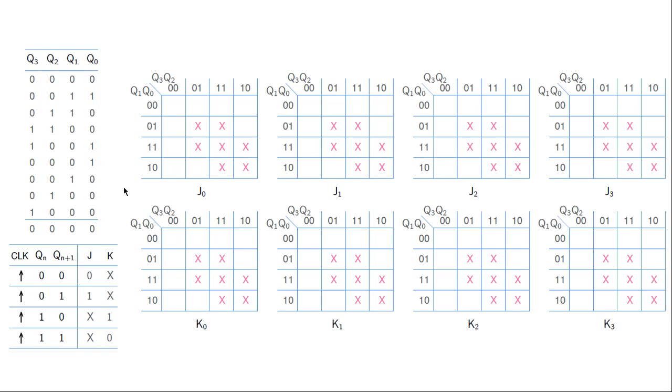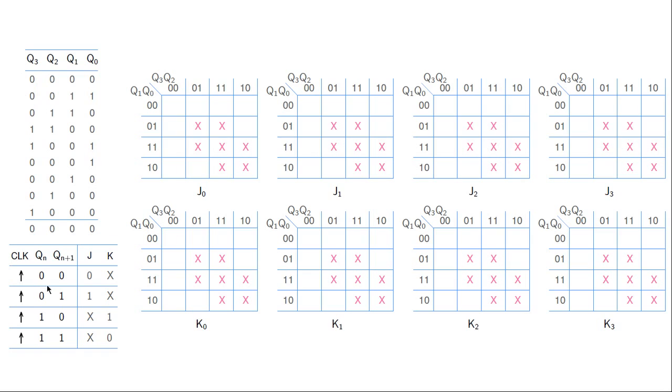Okay, now let us consider the first state, that means 0, 0, 0, 0. Now after the clock edge, the active clock edge, our Q3 must go from 0 to 0, Q2 must go from 0 to 0, Q1 must go from 0 to 1, and Q0 must also go from 0 to 1. So let us look up the required J and K values for this transition 0 to 0.